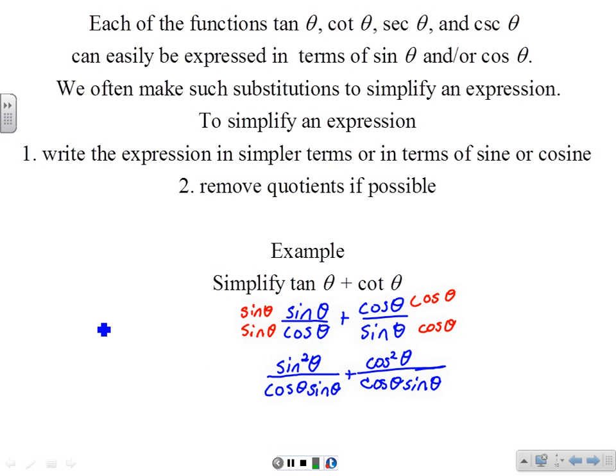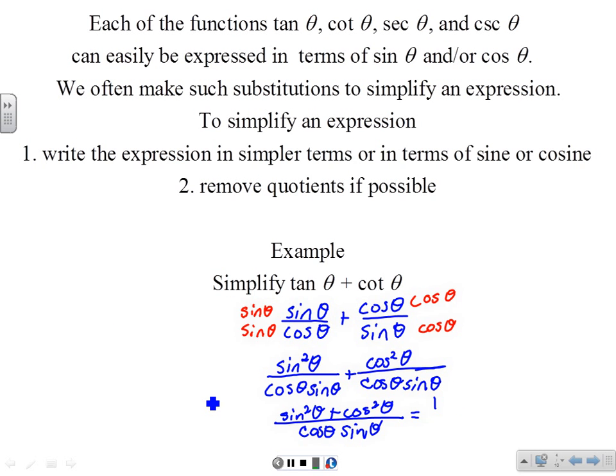So now I'm going to make one fraction. So I'm going to have sine squared theta plus cosine squared theta over the common denominator of cosine theta sine theta. And so now I have one fraction instead of two terms. Well, I know that sine squared theta plus cosine squared theta is equal to 1.